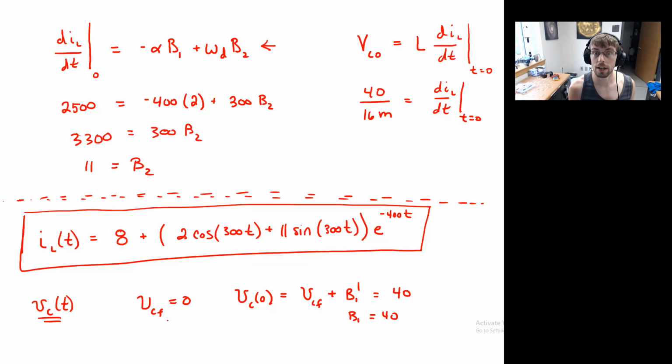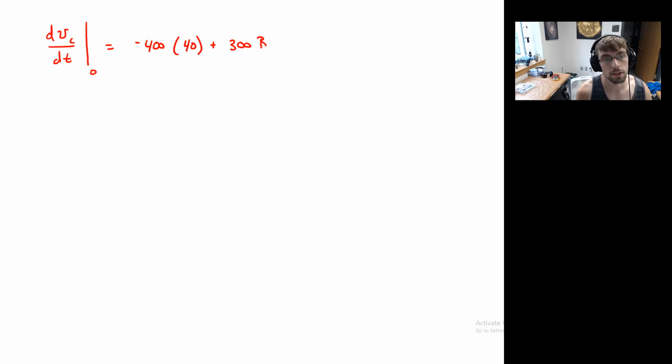And then we also have to figure out the second equation. It tells us that we have to think about the time derivative of the capacitor potential at time equals 0. And this will be equal to, again, our negative alpha, which is 400, times B1, and we saw now that B1 is 40, plus our 300 B2.